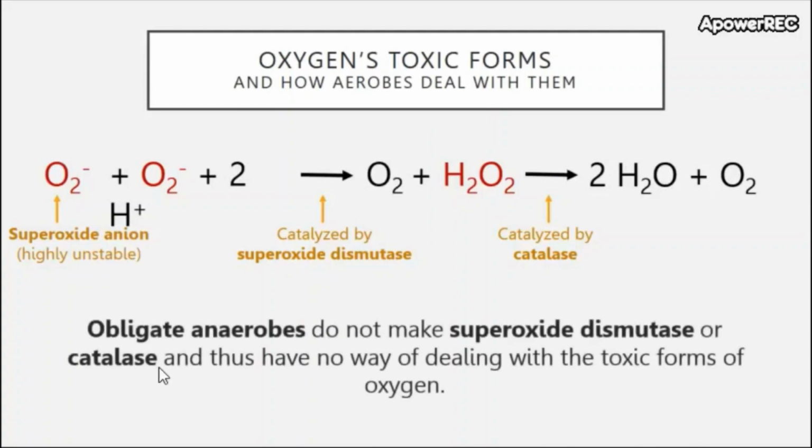Okay, so remember these obligate anaerobes that cannot survive in the presence of oxygen? They can't survive in the presence of oxygen because they do not make the enzyme superoxide dismutase, nor do they make catalase. So they cannot get rid of these reactive species. And these reactive species just naturally occur when you have oxygen built up in an environment.